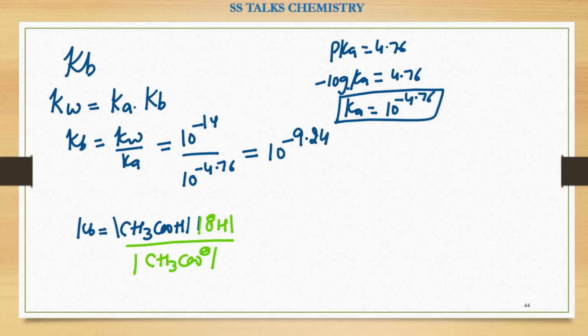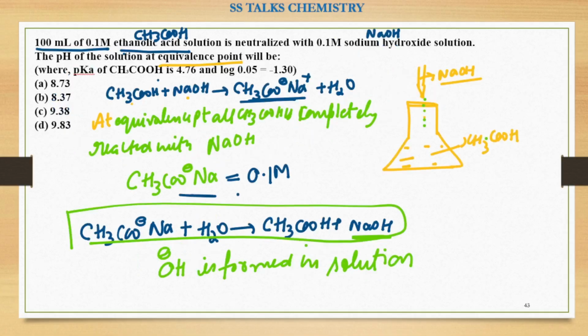The concentrations of acetic acid and OH negative are not given, so we can consider them to be X and X only. And the acetate ion concentration gives X squared upon 0.1 minus X, because the acetate ion is already formed at a concentration of 0.1. Some of it might react with water, giving X and X, the formation of acetic acid and OH negative.